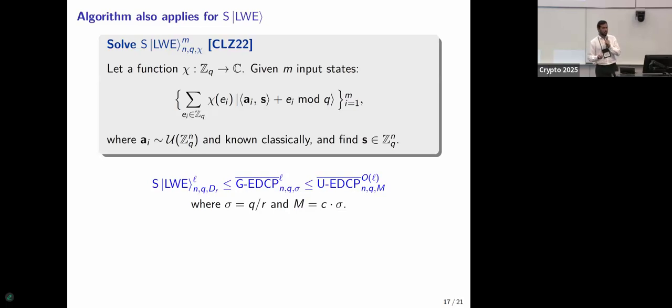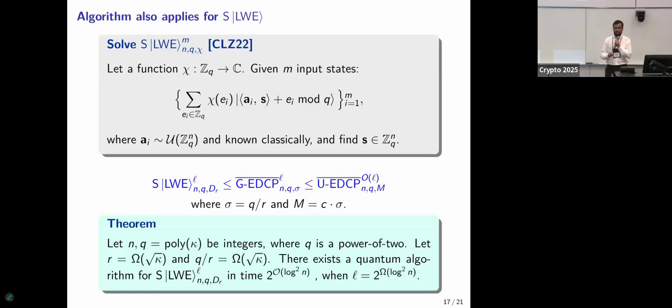The previously best known algorithm for SLWE with Gaussian amplitudes was sub-exponential, but in this paper, we have an algorithm for SLWE which takes quasi-polynomial time and needs only a quasi-polynomial number of samples.